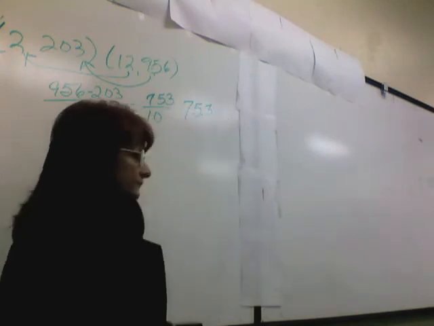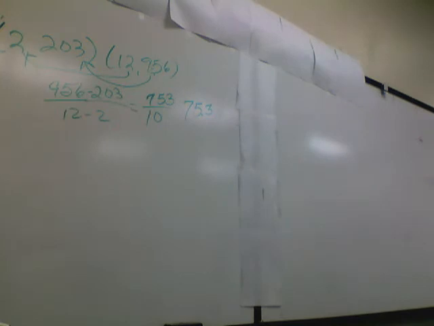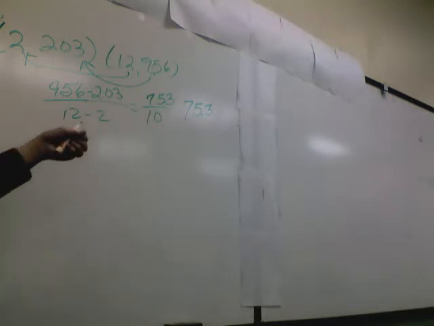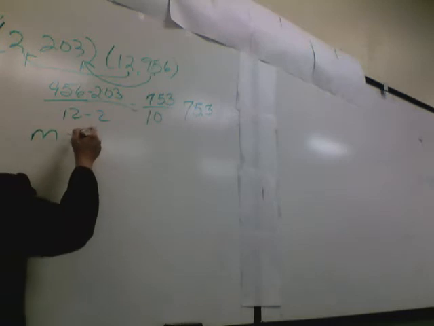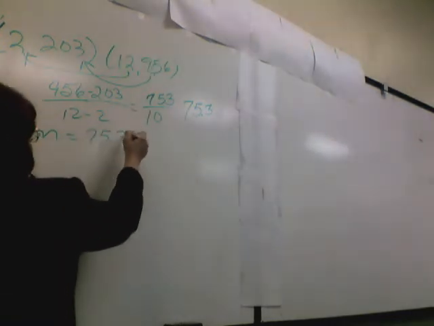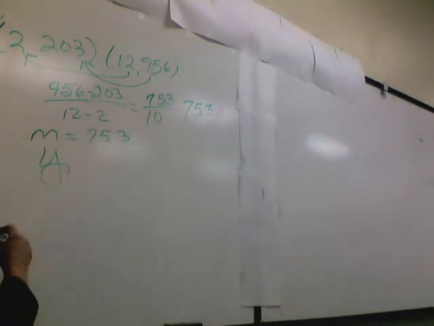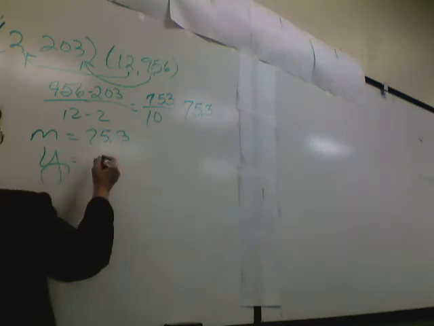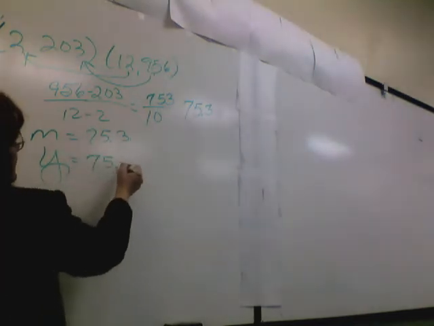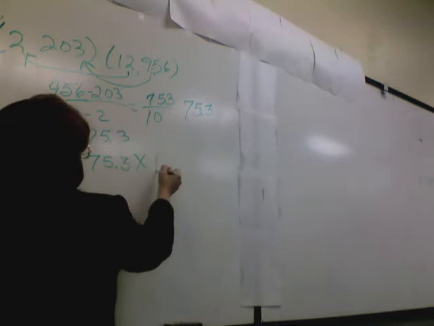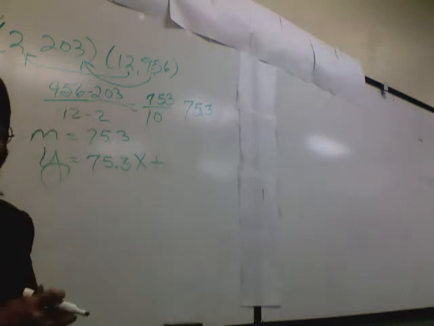Okay, it is wanting us to write an equation. That graph had those 2 points labeled. So we found the slope right there. So the slope is 75.3. So our equation will be y equals the slope times x plus your y-intercept.